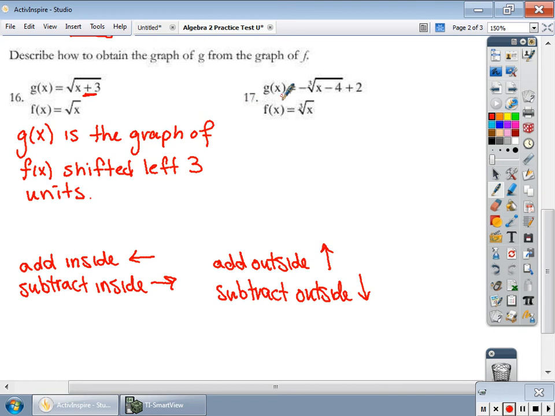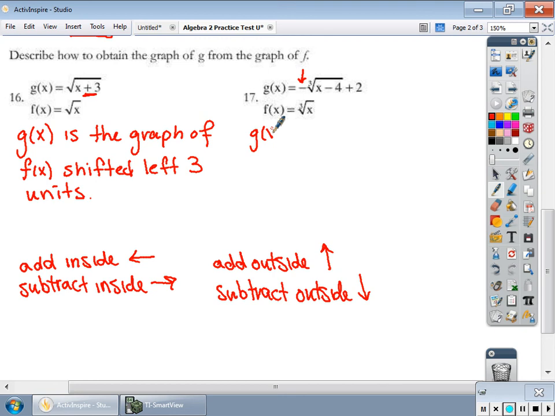Over here, 17, f of x is just the cube root of x. G of x is negative the cube root of x minus 4, plus 2. So there's a couple shifts going on, and this negative out here. That minus means it's a reflection, okay? And it's a vertical reflection.